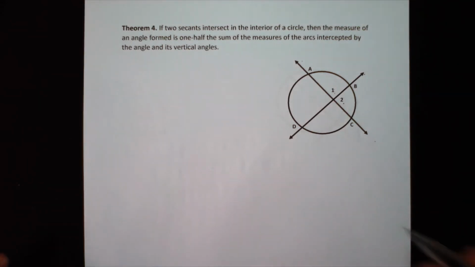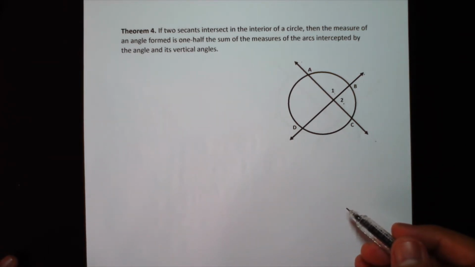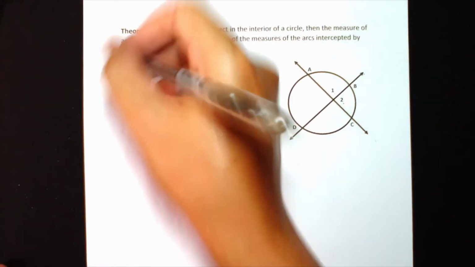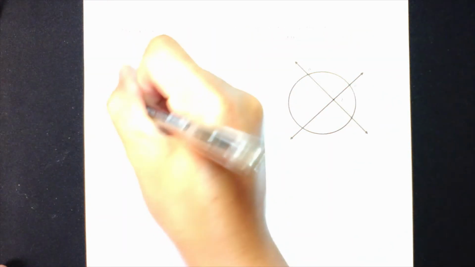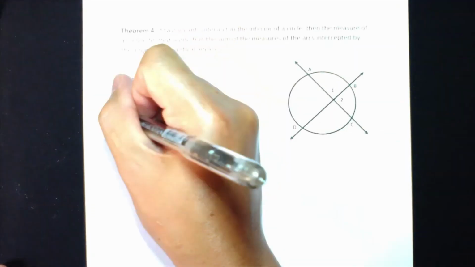Let's have the given first so that it's clear for you. We have the measurement of arc AB is equal to 65.